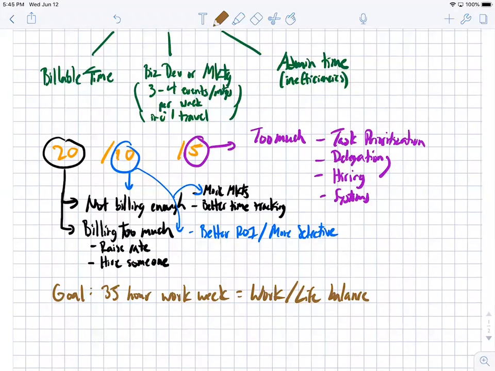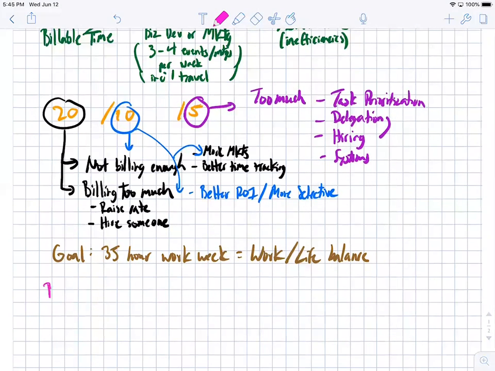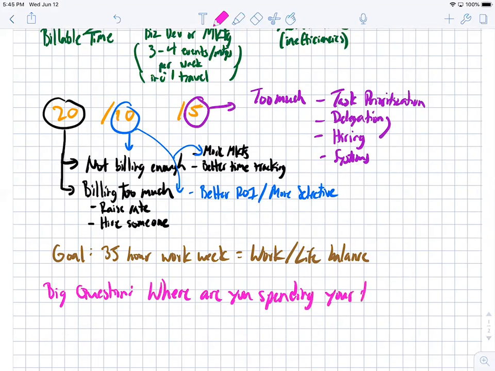So how this sets us up for the next conversation around the time log is the big question, right? Where are you spending your time? So you can ask for a guess, and oftentimes I'll start there.